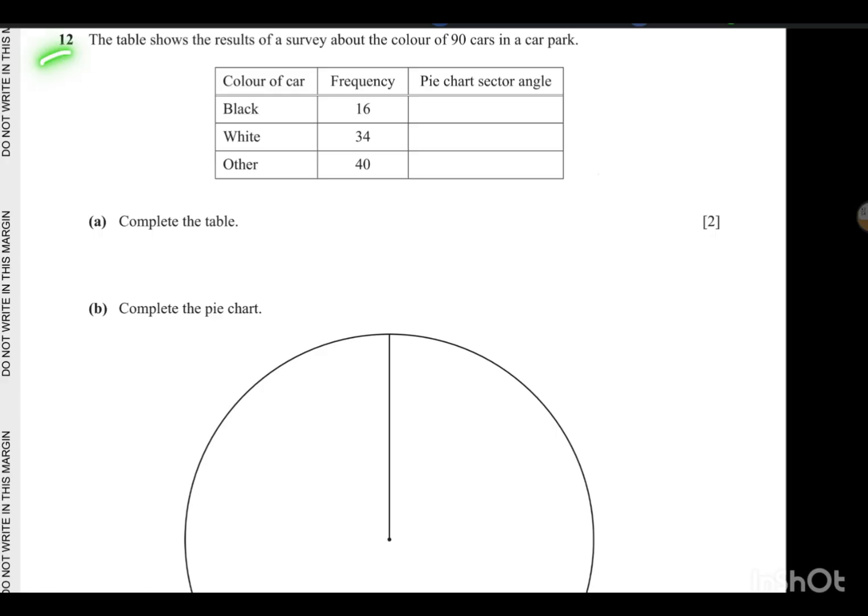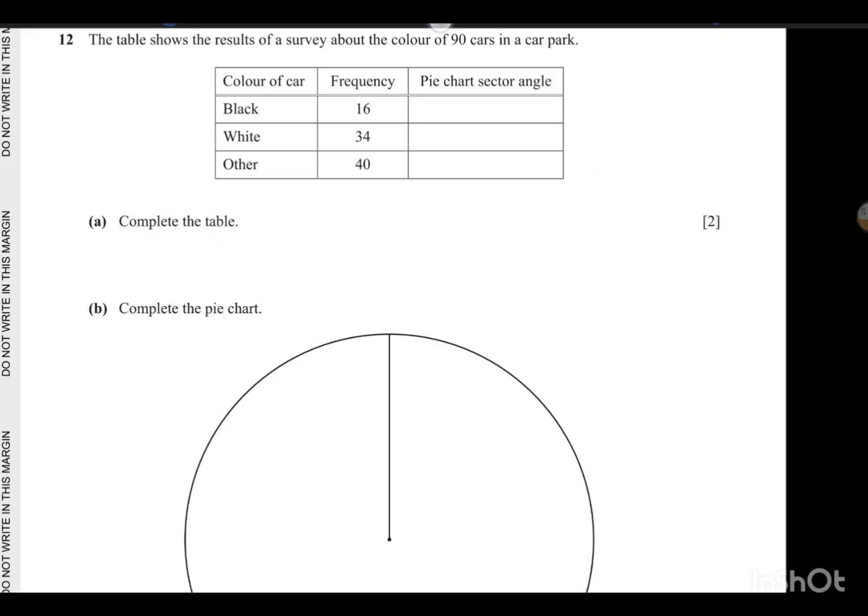Question 12. The table shows the results of a survey about the color of 90 cars in a car park. Color of car: black 16 cars, white 34 cars, other 40 cars. In this table there is also one column, pie chart sector angle.